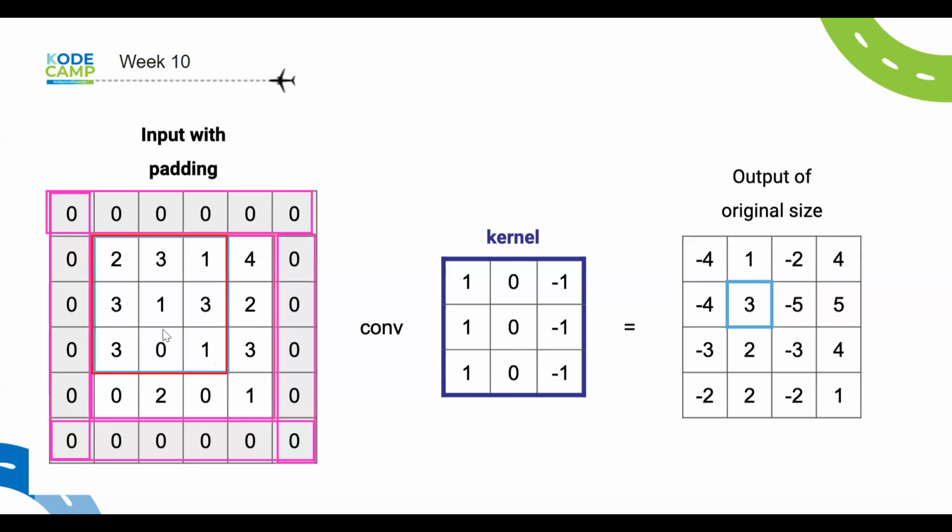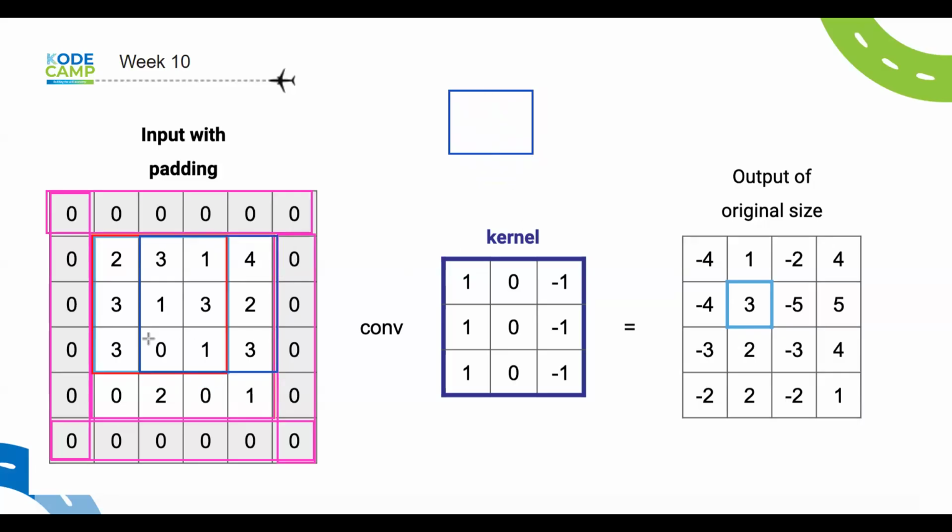And then the second one, it will be here. By the time I have moved it 2 steps, I've gotten to the edge of this image. That is without padding. So I would only be able to generate a new image that is 2 by 2, right? Because I can only make 2 steps at a time. That is where the padding comes in.